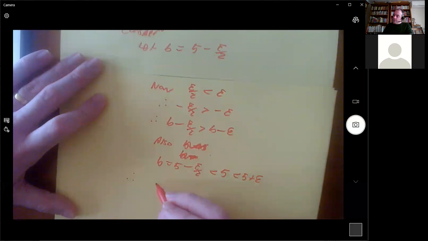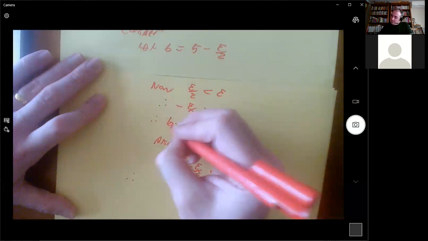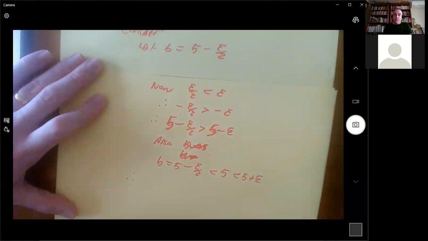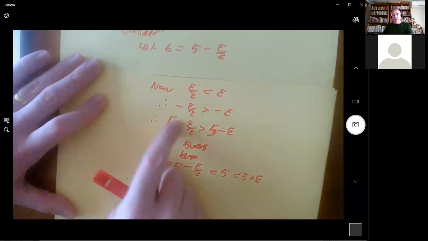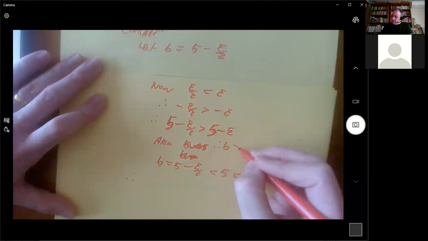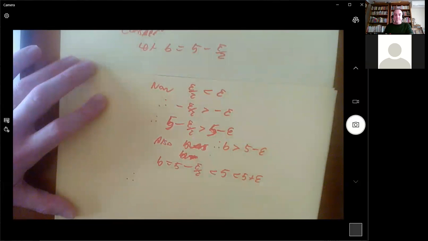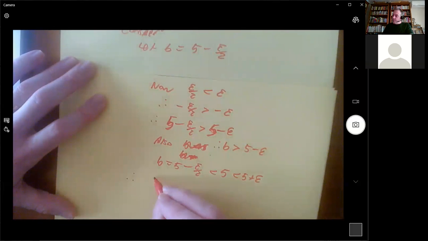So therefore B is between 5 minus epsilon and 5 plus epsilon. So therefore B is in this set.